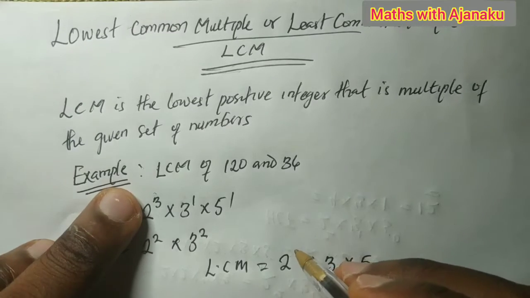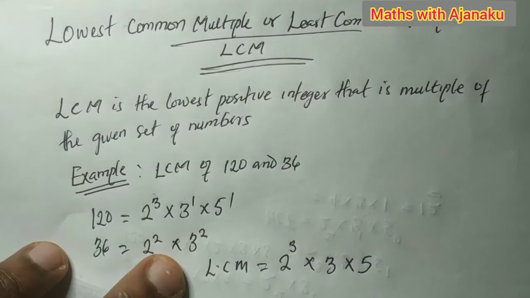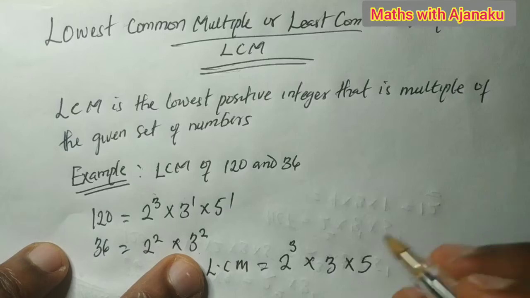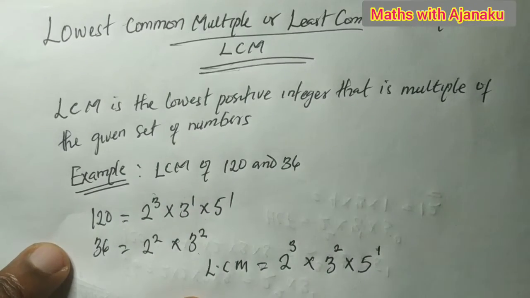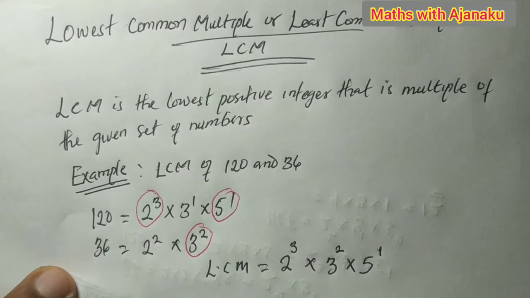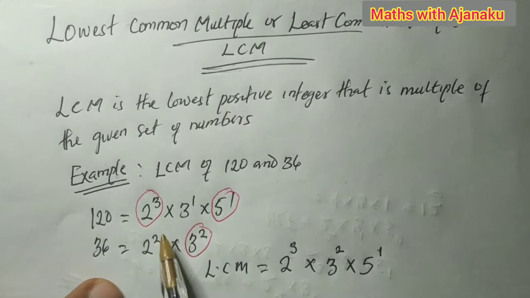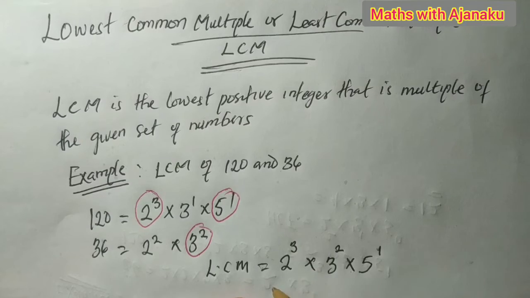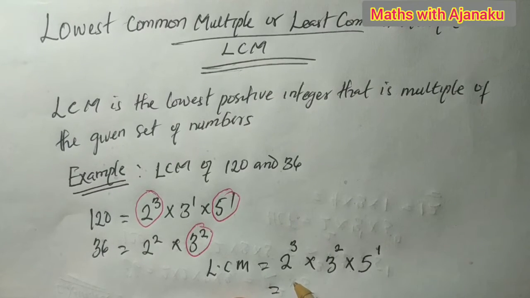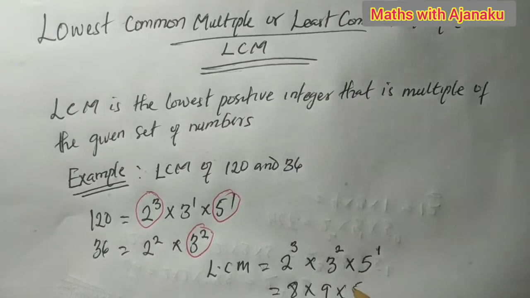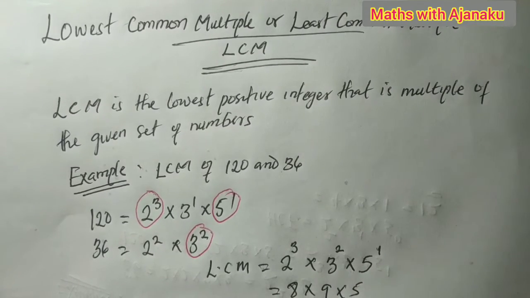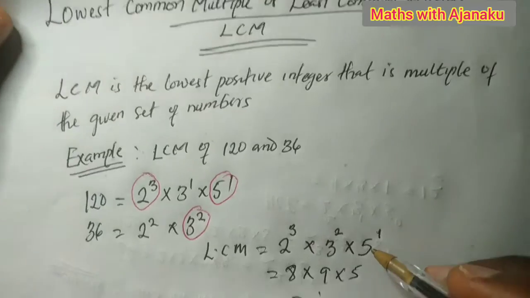We have 2 raised to power 3 here, then 3 raised to power 2, then 5 raised to power 1. So we picked the highest powers that we've gotten among them. So in this case, this becomes 8 times 9 times 5, and that is equal to 360.